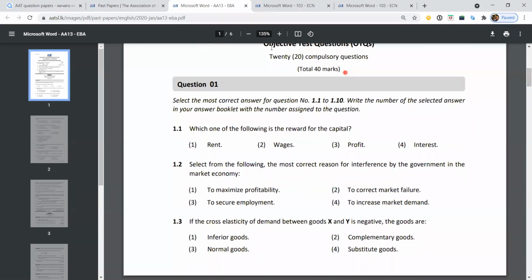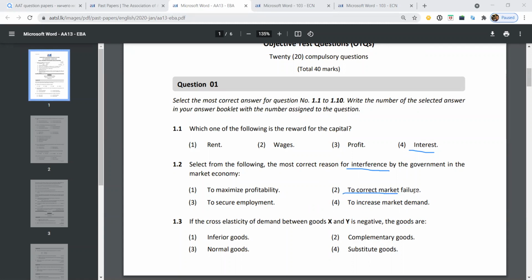Which of the following is the reward for capital? Reward for capital, it is interest. Select the most correct reason for interference by the government in the market economy.